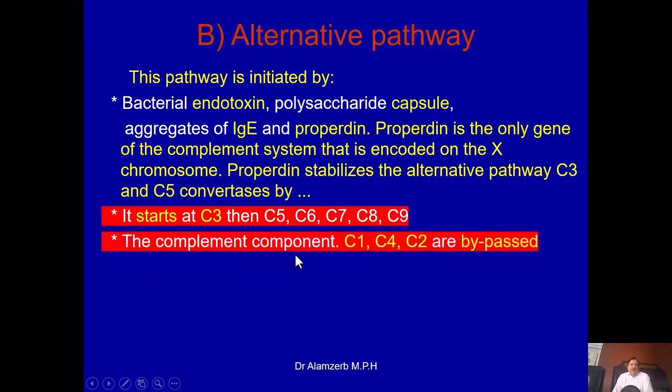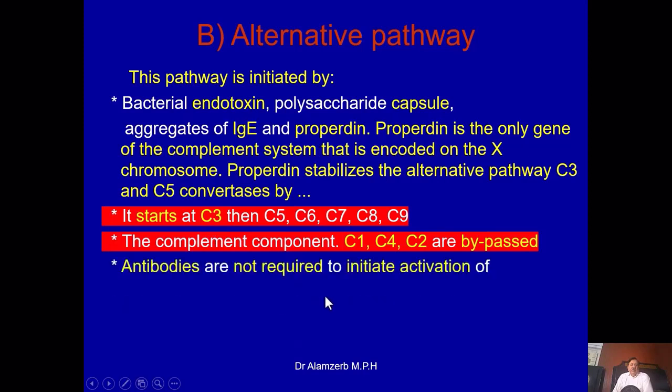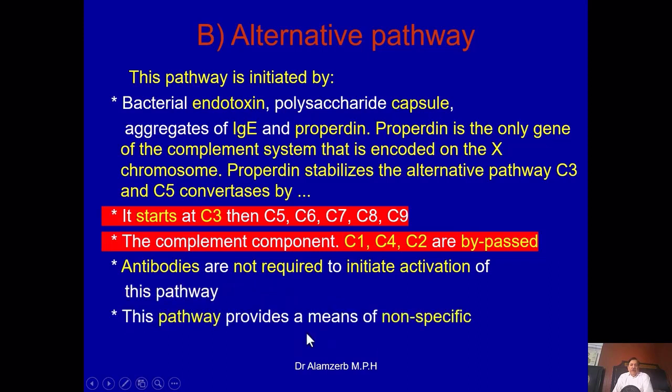The complement complex C1, C4, C2 is bypassed. In the classical pathway, remember the C1, C4, and C2 pathway is bypassed and it is directly activated from the C3 by these endotoxins or capsule of the bacteria. Antibodies are not required to initiate or activate this pathway. This pathway provides a means of non-specific immunity.